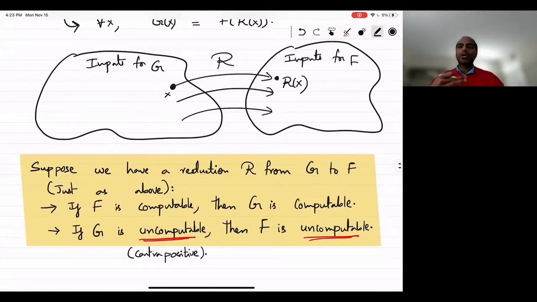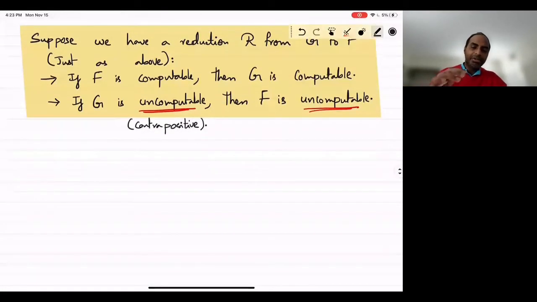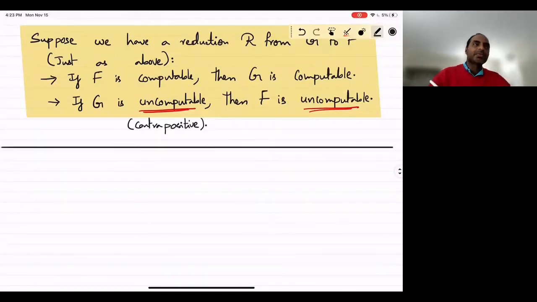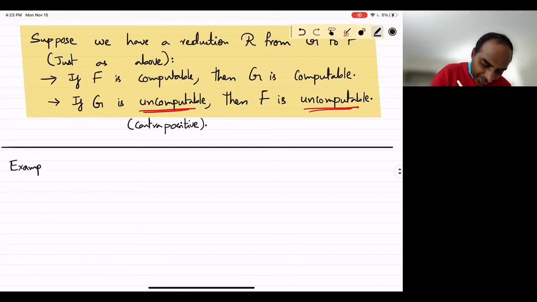I mean, that's a lot of terminology, but let's see an example to illustrate these points. Just now we saw that the halting problem is uncomputable, and we will use that as a starting point to show another problem that seems related to halting, but could potentially be much easier, is also uncomputable. So let's see an example of reduction.